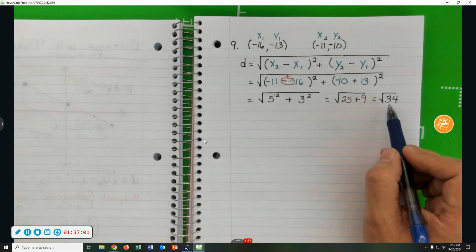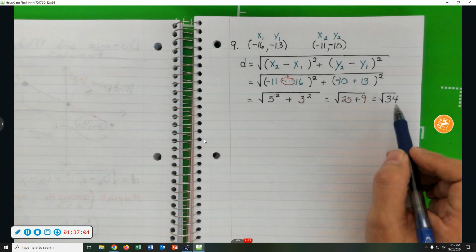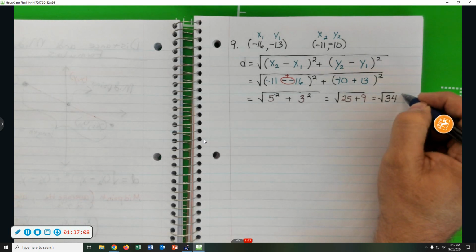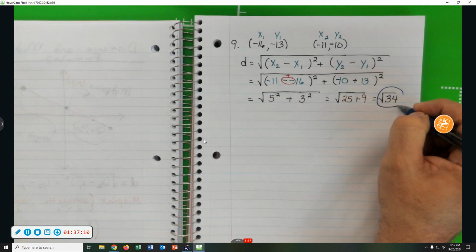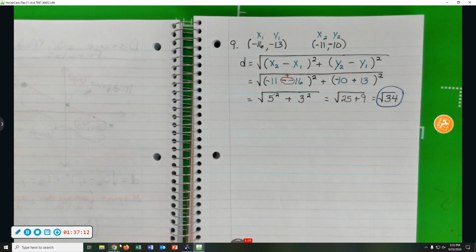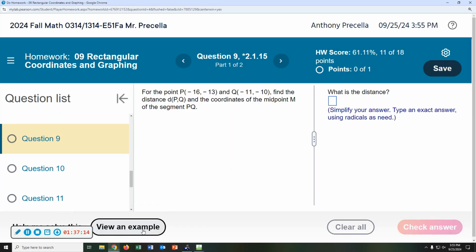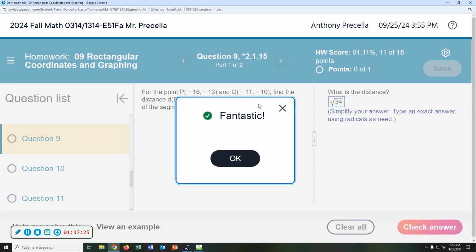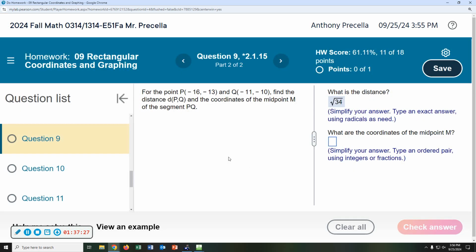I think only 2 and 17. Both of them are prime. And so, can we simplify square root of 34? No. Just square root of 34 stays square root of 34. So the distance, remember, the square root key is in the toolbar, type 34, and now you're ready for the midpoint.